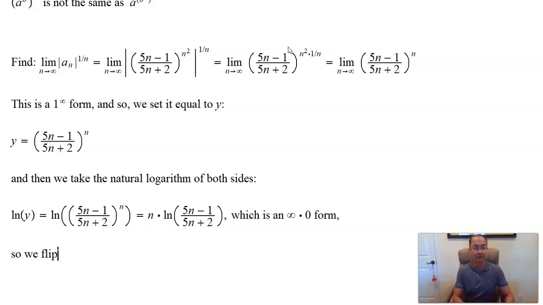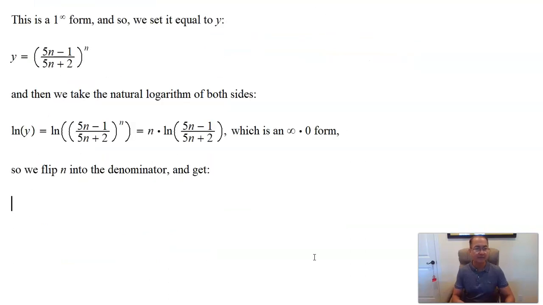So we flip one of the factors, the simpler one. You don't want to flip this into the denominator. We flip n into the denominator and get more space. So ln of y is going to be a fraction, and within that fraction, in the denominator, n becomes 1 over n.